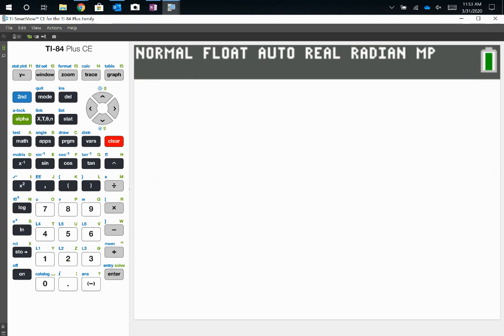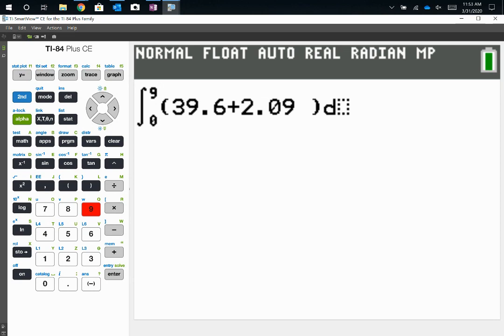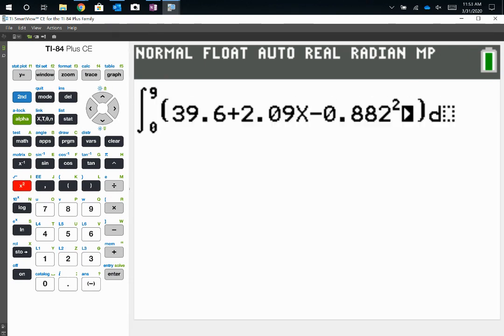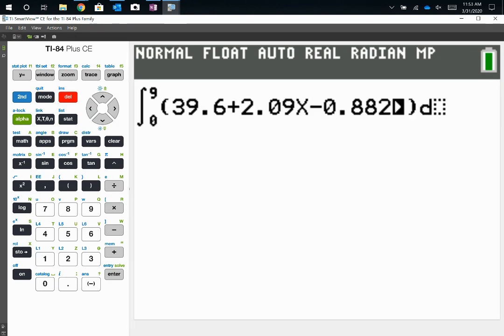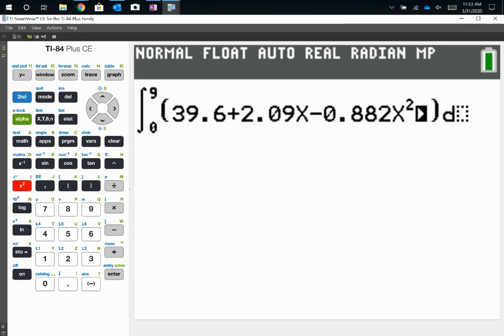Okay. So math number 9, integrating between 0 to 9, I've got 39.6 plus 2.09x minus 0.882x squared dx.